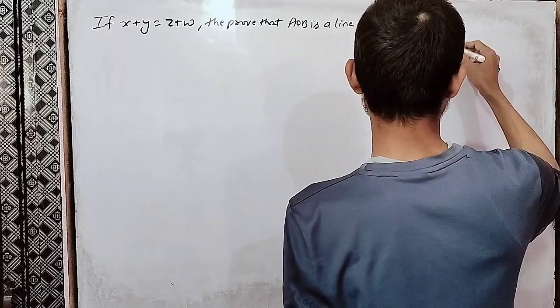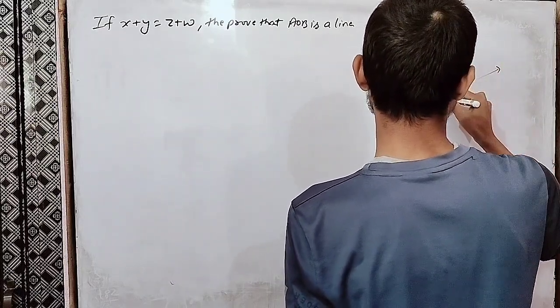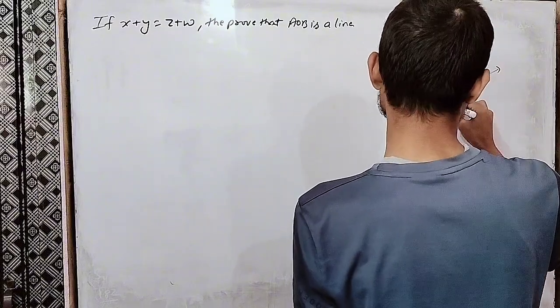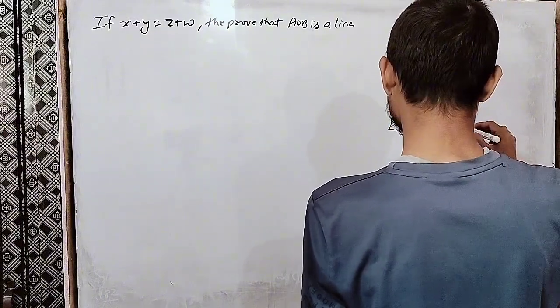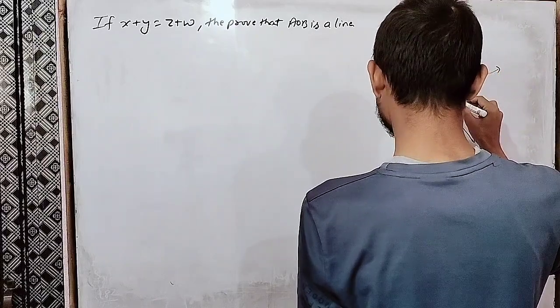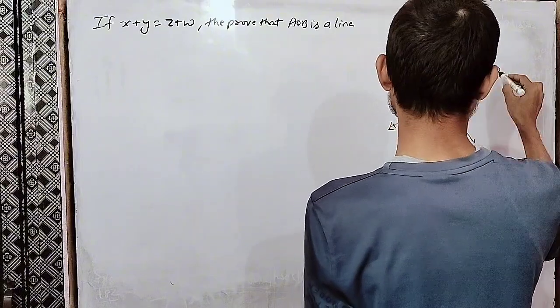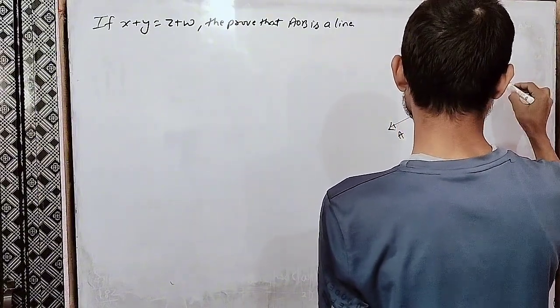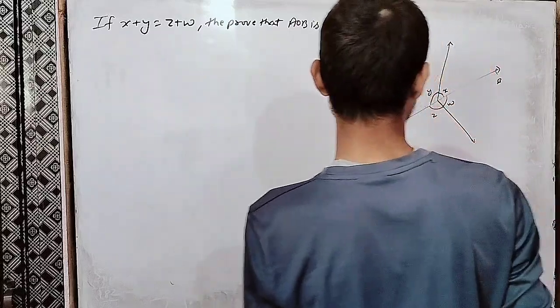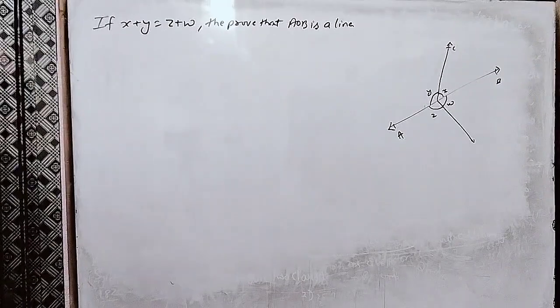This is the figure, and we have to prove that AOB is a line.